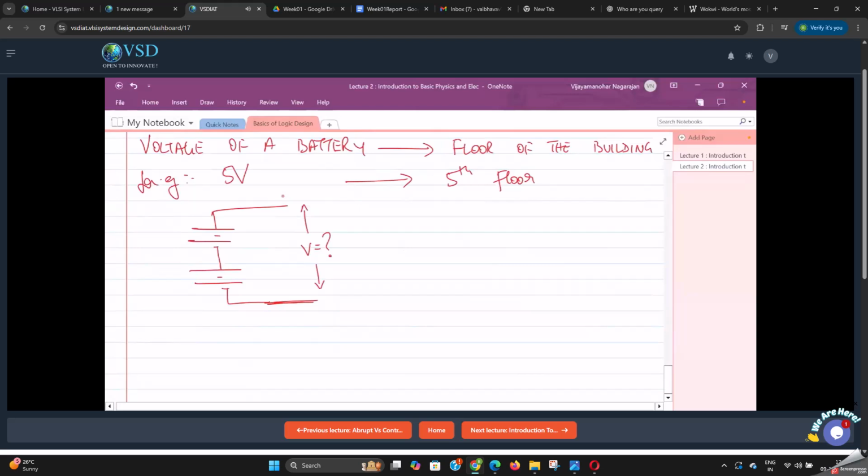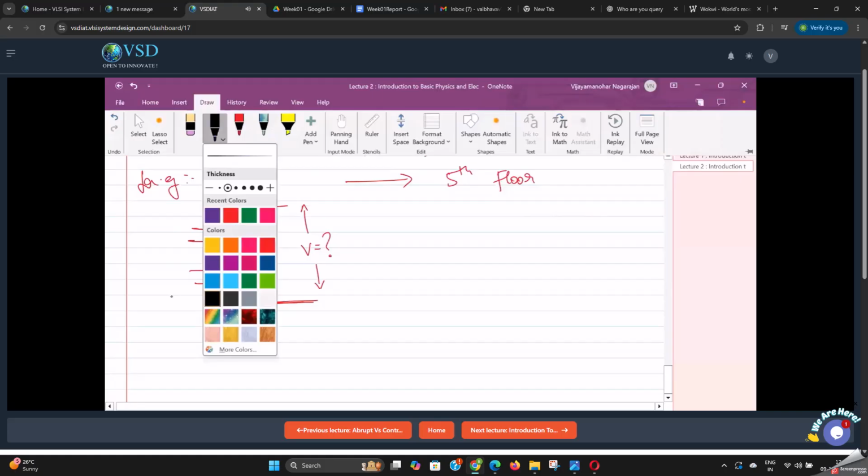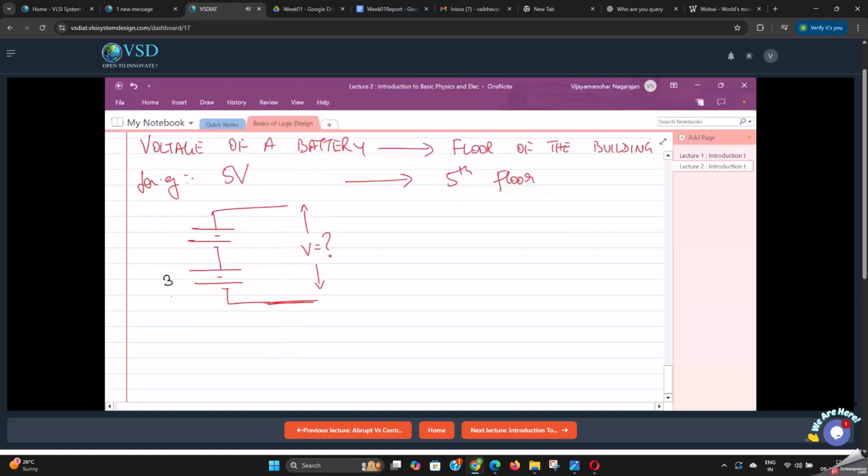Now what will be the voltage here? Let's look at it. Let me say this battery is 3 volt, this battery is 2 volt. So you are going from minus to plus. Minus to plus is increase, correct?